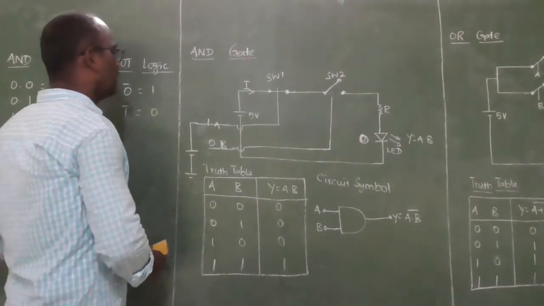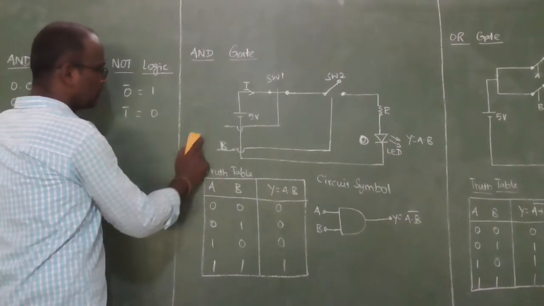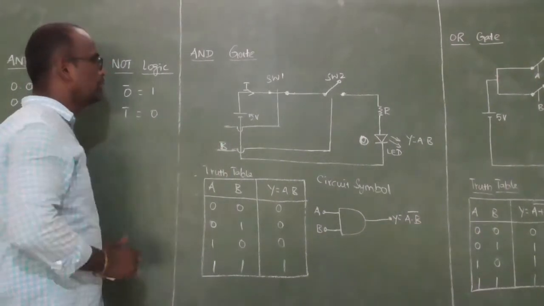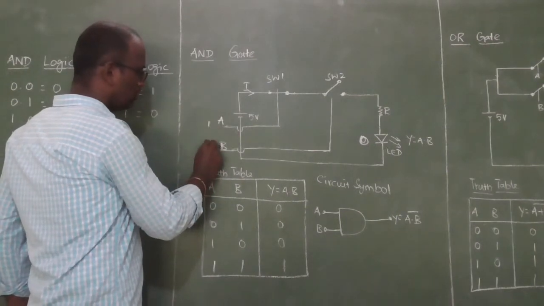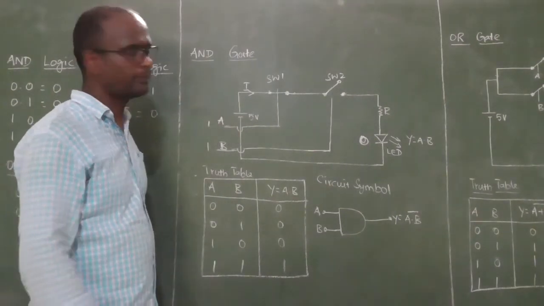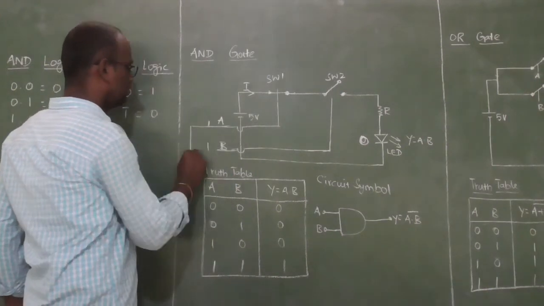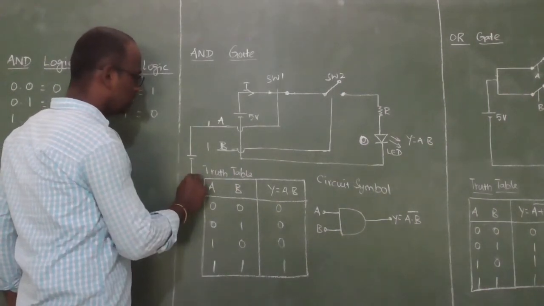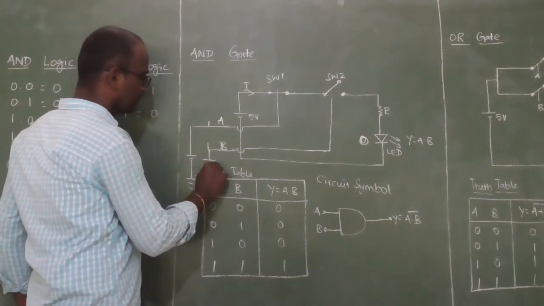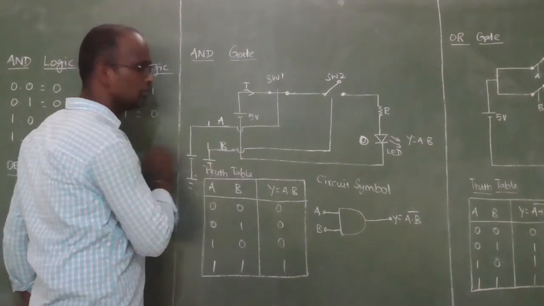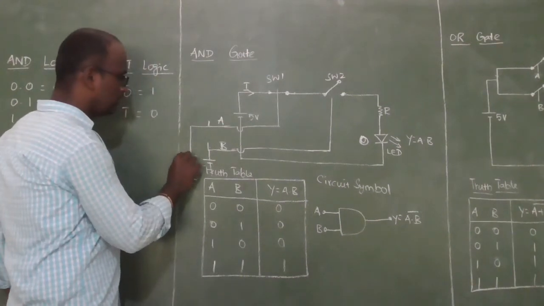Now finally we are applying the final input combination. That means for A it is 1 and 1 for B also. That means we are applying the battery for both the inputs. Here we are applying 5 volt battery.